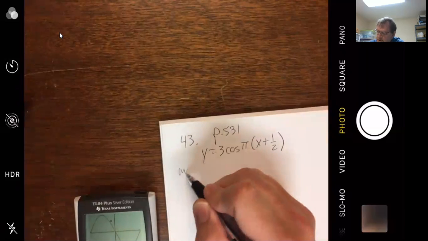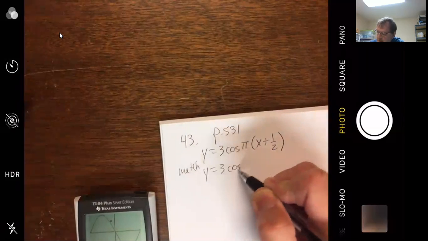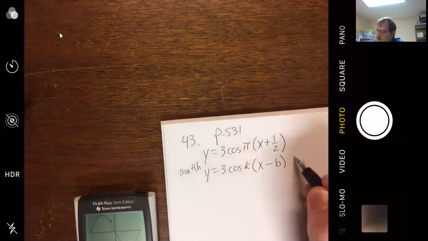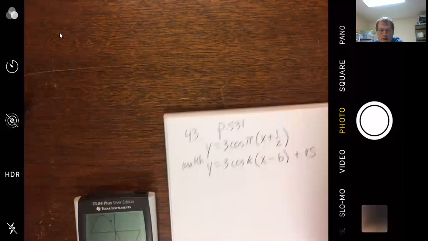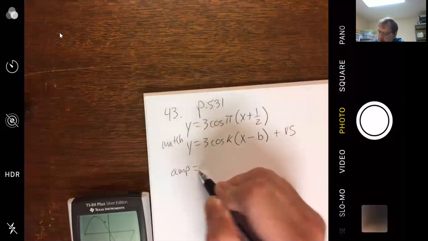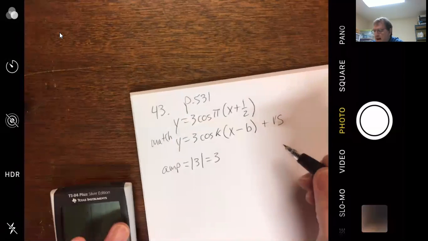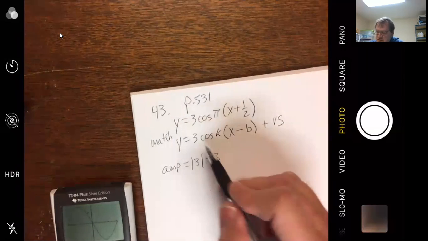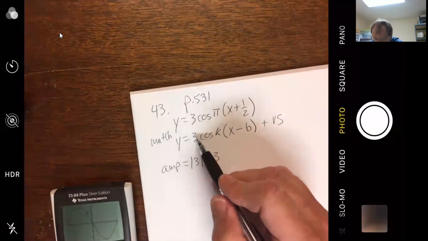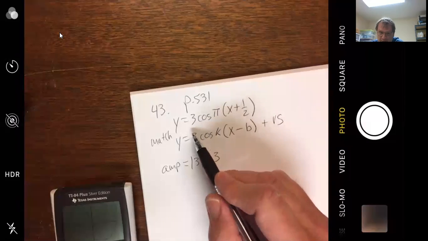Once again, we're going to match 3 cosine of k times x minus b plus your vertical shift. Amplitude is the absolute value of the 3, which is just 3. What happens is they'll make the 3 negative, and then you'll just use negative 3, because you get so used to using the same number when it's positive that you forget to make it positive if it's negative.